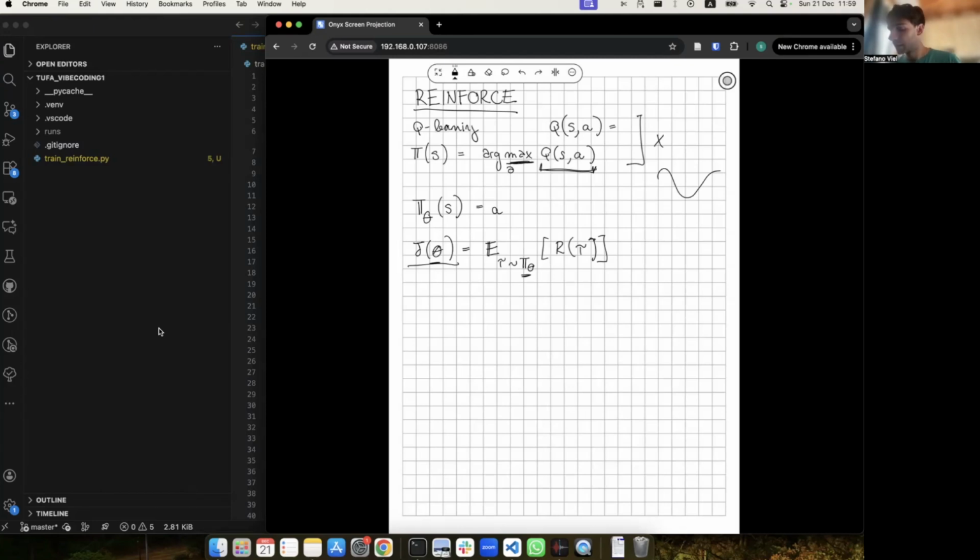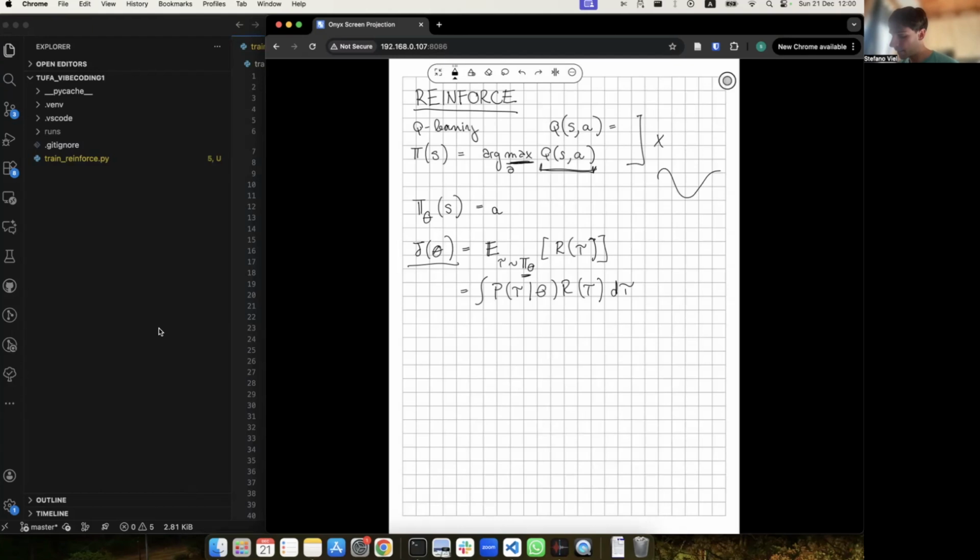So we would like to change our parameters theta in order to get more reward with the policy that we get with those parameters. Now we can rewrite this as an integral, so that will be the integral of the probability of the trajectory given theta multiplied by the reward R of the trajectory.